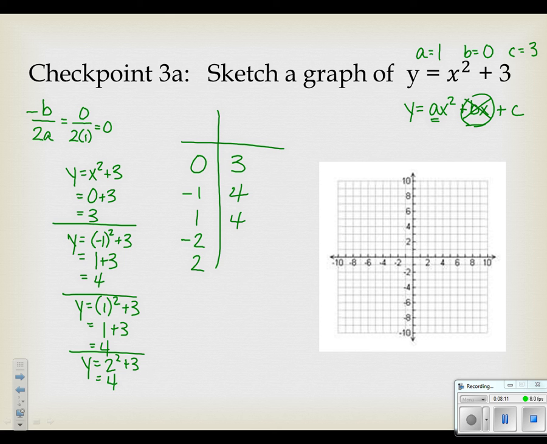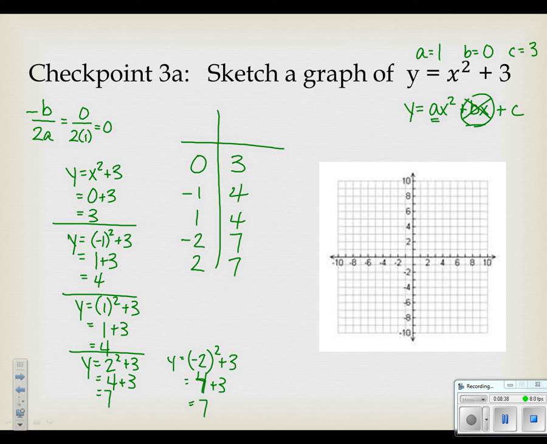We end up with 4 plus 3 or 7. Put in a positive 2. Oop, I guess I did the positive 2 already. I'll do the negative 2. And I get another 7. So I have it a little out of order there, but for the negative 2 and the positive 2, you're going to get that positive 7 value.